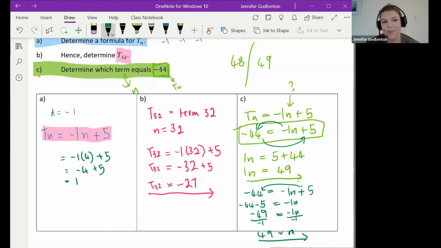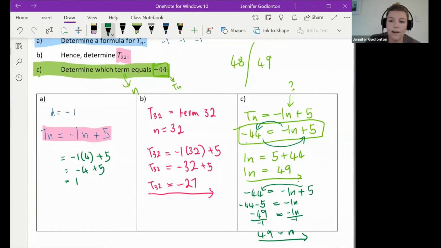MK, how can I help? Ma'am, for when I did it, when I divided by negative 1n, instead of dividing by negative 1n, because I took it on the other side, I just divided by 1. That's fine.